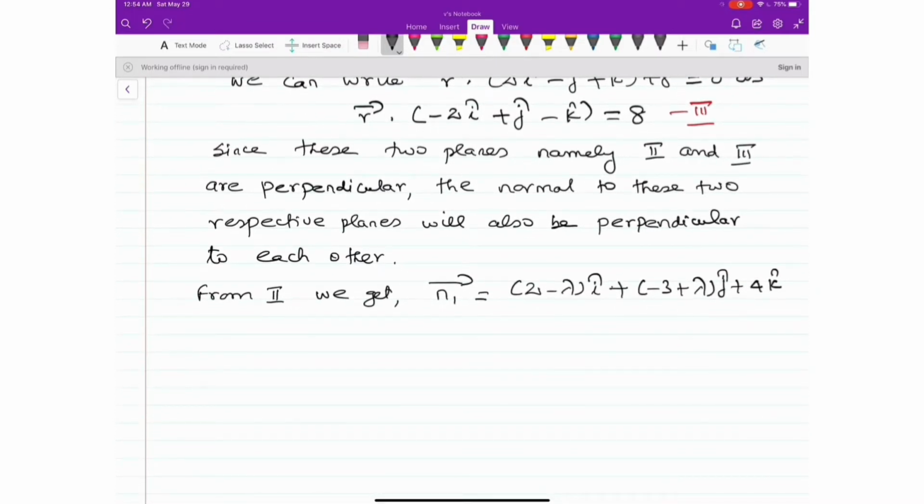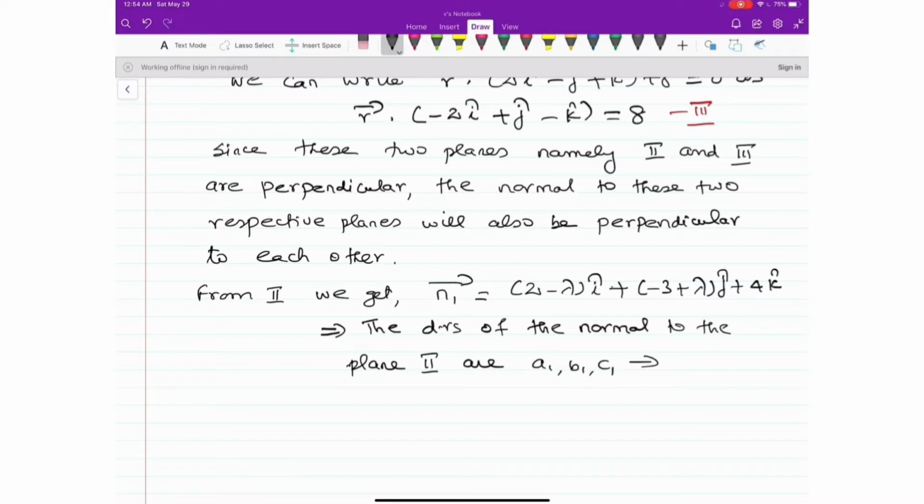This implies the direction ratios of the normal to the plane 2, or let me take it as A1, B1, C1, are nothing but 2 minus lambda, minus 3 plus lambda, 4.